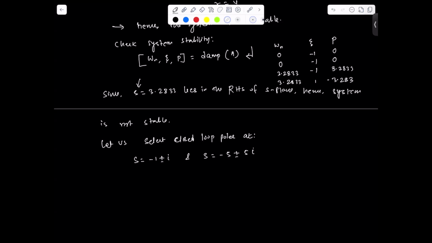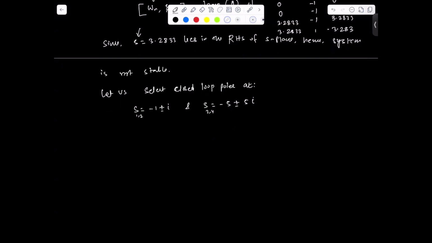Okay, so we can write S1 to S4, four poles, right?